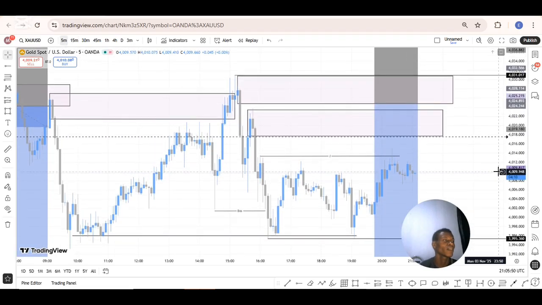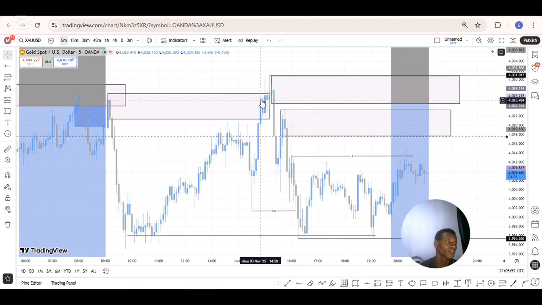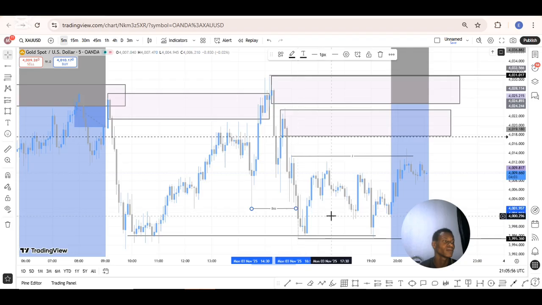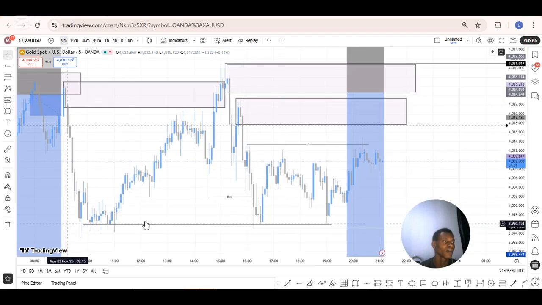So on the 5-minute time frame, this is what I'm looking out for. After this push right here, we have this breakout structure, and we have this liquidity resting below this zone.